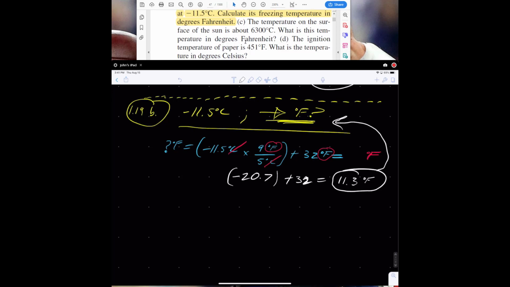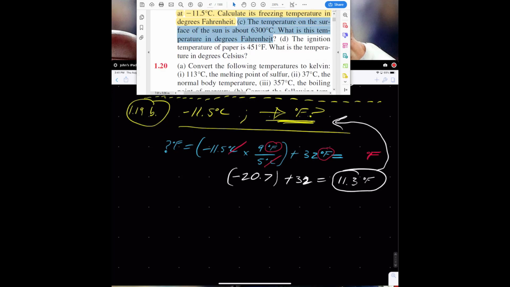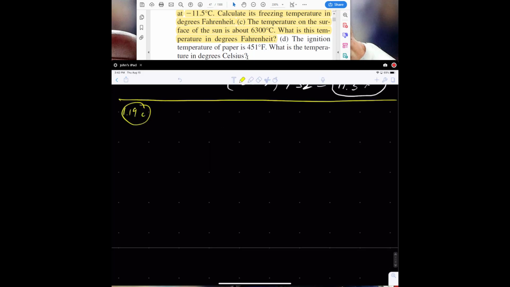And we can move on to part C, where it's asking us again to convert temperatures. This one here, it states the temperature on the surface of the sun is about 6,300 degrees Celsius. What is this temperature in degrees Fahrenheit? Okay, so it's giving us 6,300 degrees Celsius, and they want us to convert to degrees Fahrenheit.